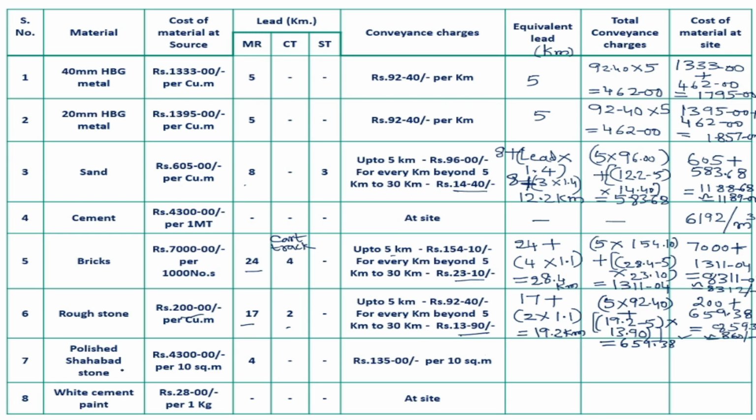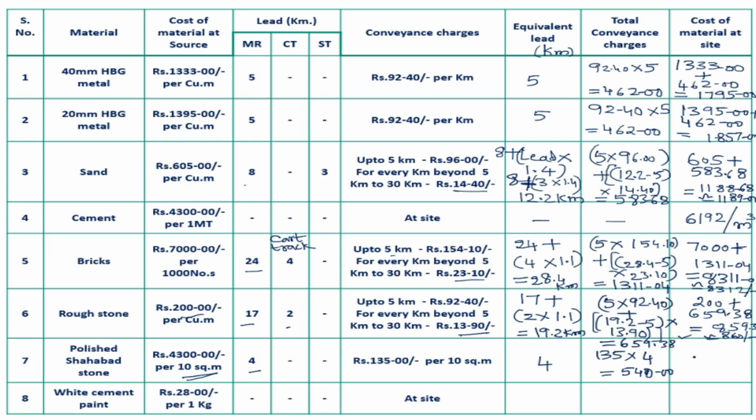And the next material is polished shabad stone. Its cost is 4,300 rupees per 10 square meter, and lead is 4 kilometers. Lead is directly entered as 4 kilometers, and conveyance charge is 135 rupees per 10 square meter into 4 kilometers, which is equal to 540 rupees.